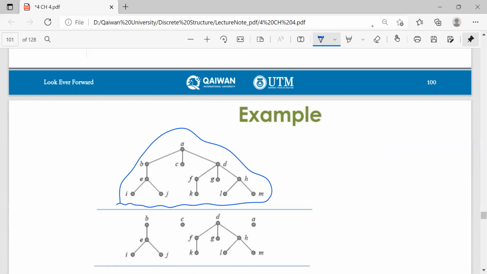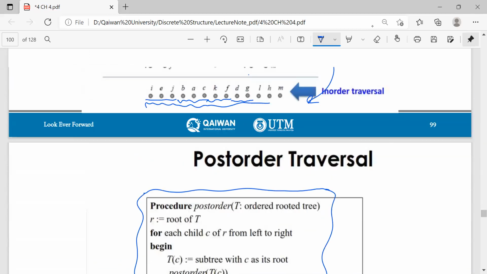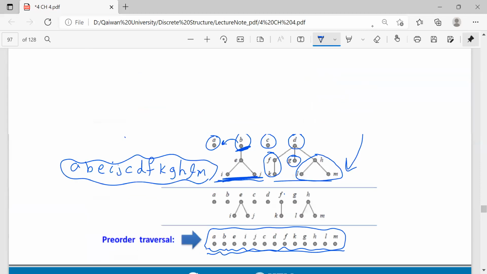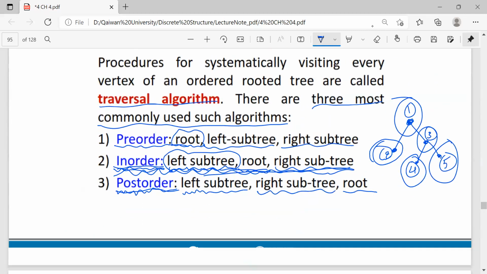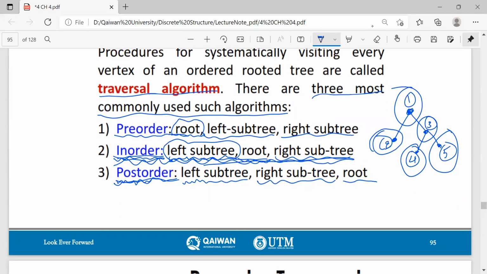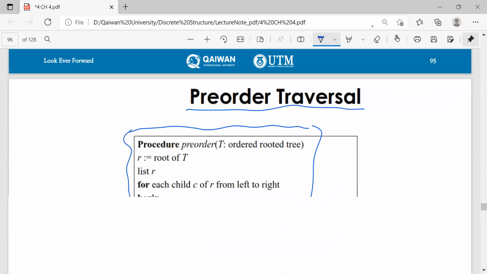What do we do here? Let's return to the definition of post-order. We write down the left subtree, then the right subtree, then the root.